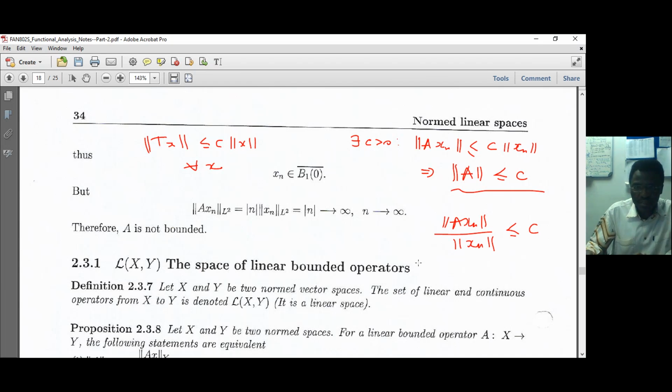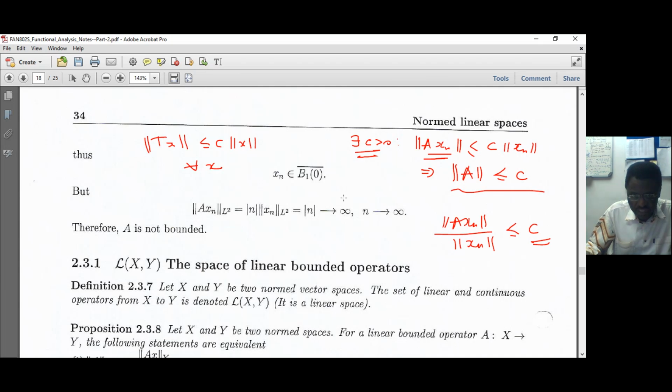But here, when we take the limit, it goes to infinity, meaning that it cannot be less than a constant C. Actually, it means that this constant does not exist. So we can never find C such that this will be true. Because if it's true, the operator norm will be bounded, or this itself will be bounded. But here we see that it goes to infinity. So it cannot be bounded.